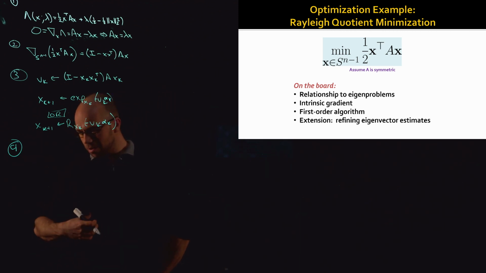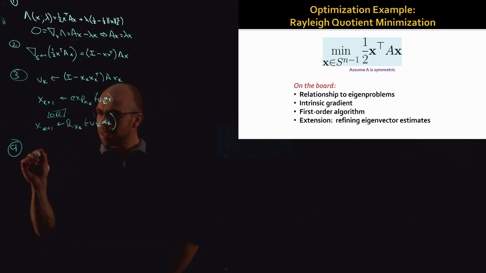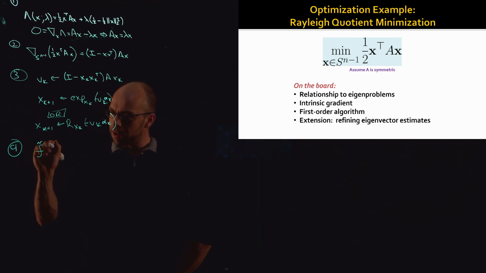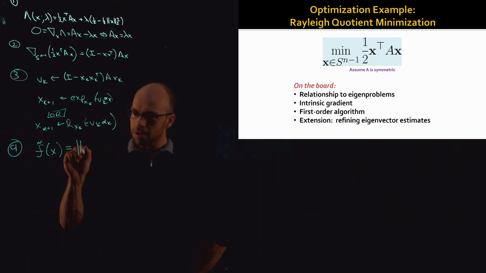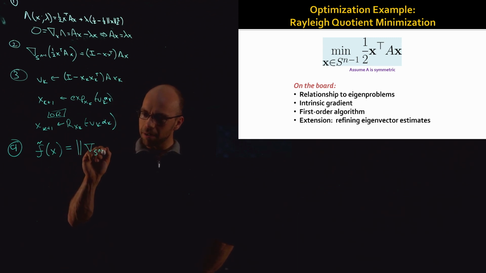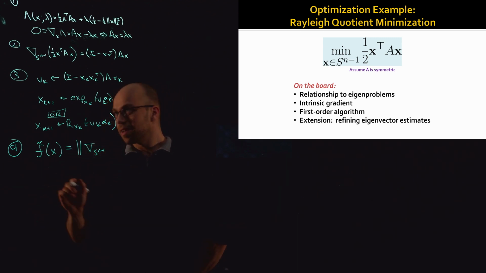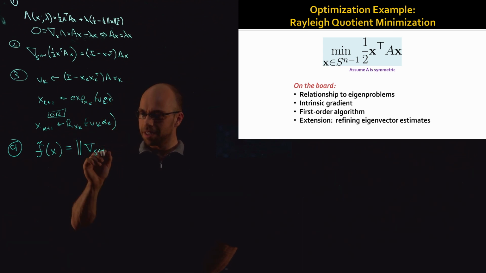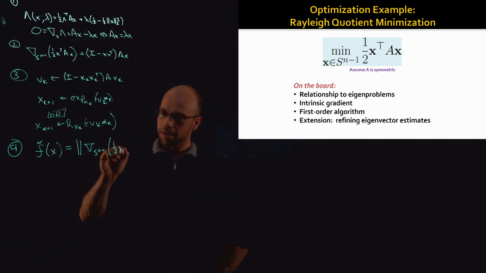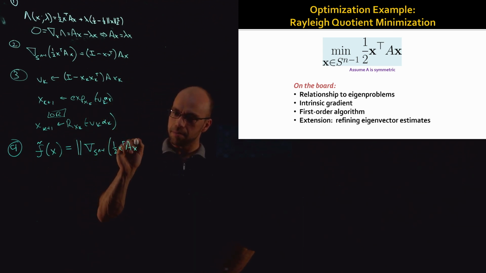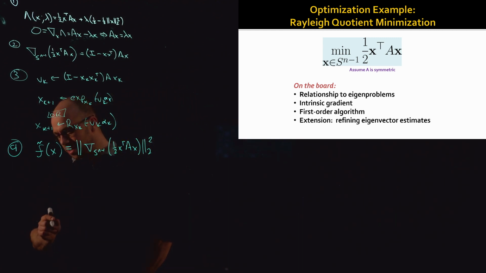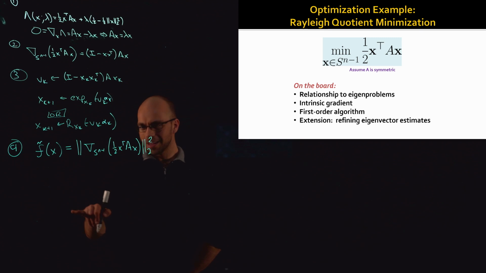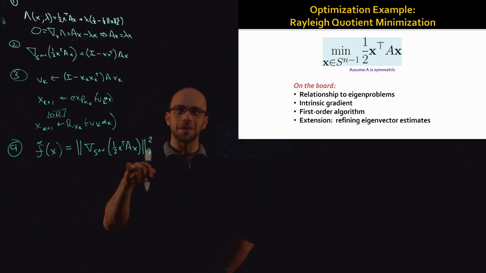Once I get in the neighborhood of the eigenvalue that I want, maybe I define a new problem f tilde of x, which is equal to the norm of the intrinsic gradient of my original objective, x transpose Ax. Essentially, what this is doing is turning saddle points of our problem into local minima.